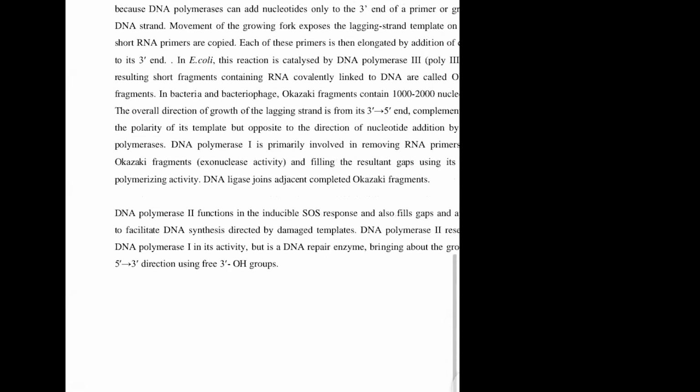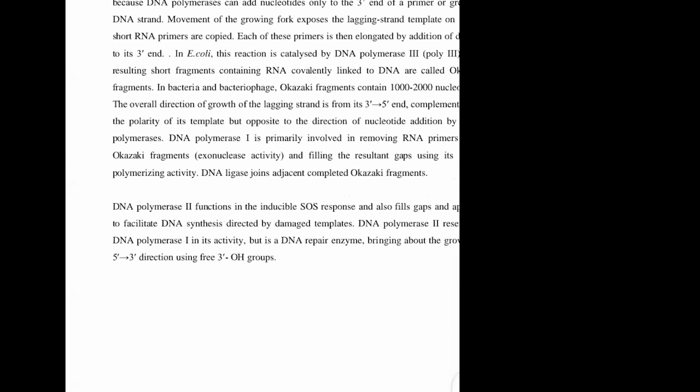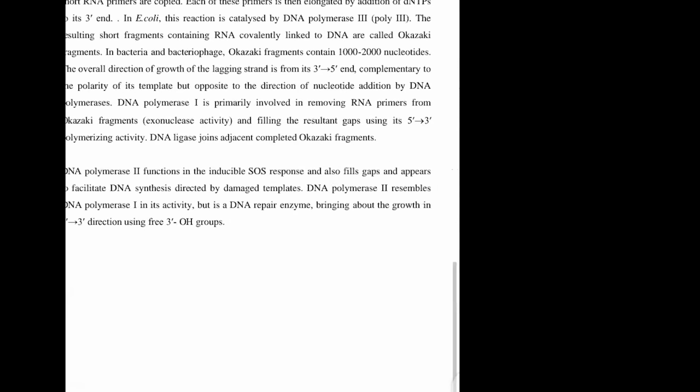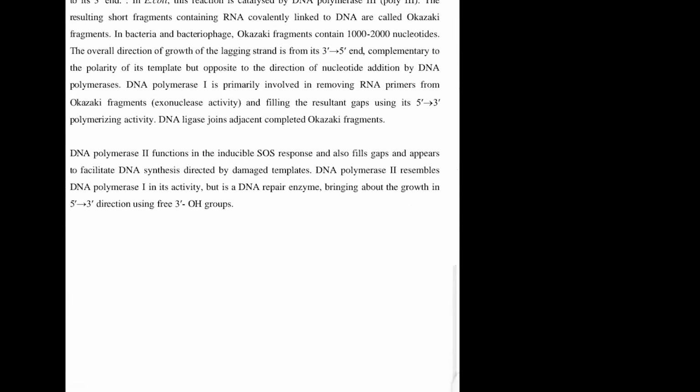So now let us look at the lagging strand synthesis. To lag simply means to delay. So one strand is synthesized at a very fast rate, while the other one delays a bit. That's why you've got two strands: a leading strand and a lagging strand. Synthesis of the lagging strand is actually more complicated.